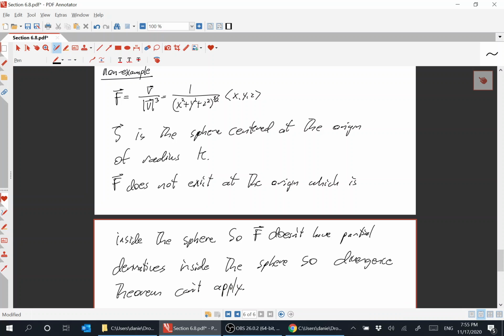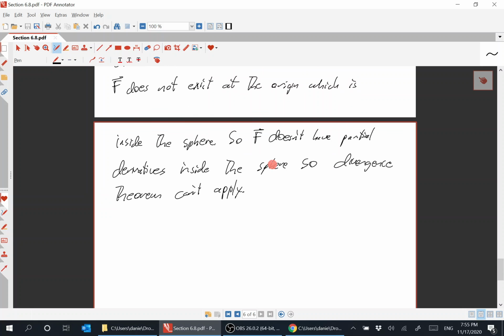Unfortunately. So that's one very interesting example of a vector field. But the flux across a sphere or any other surface centered at the origin cannot be calculated using the divergence theorem. It needs to be calculated directly, which we did in section 6.6.